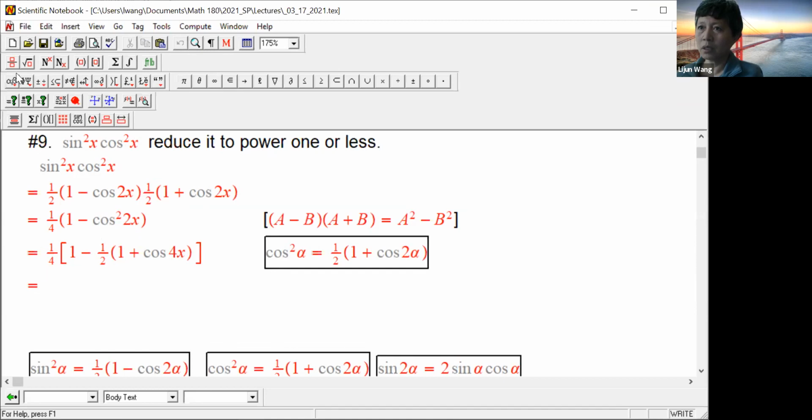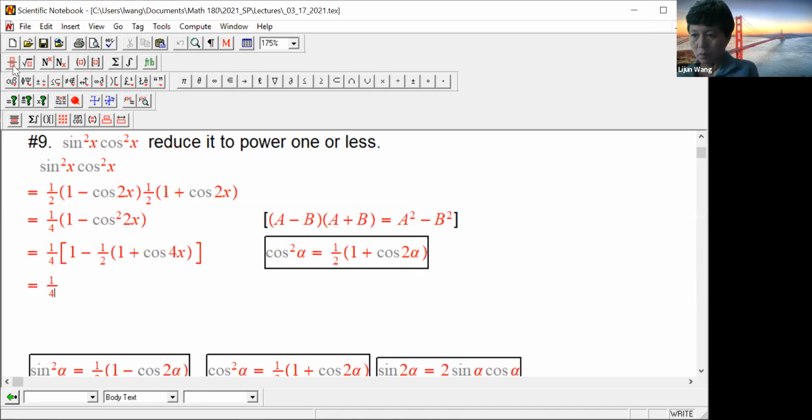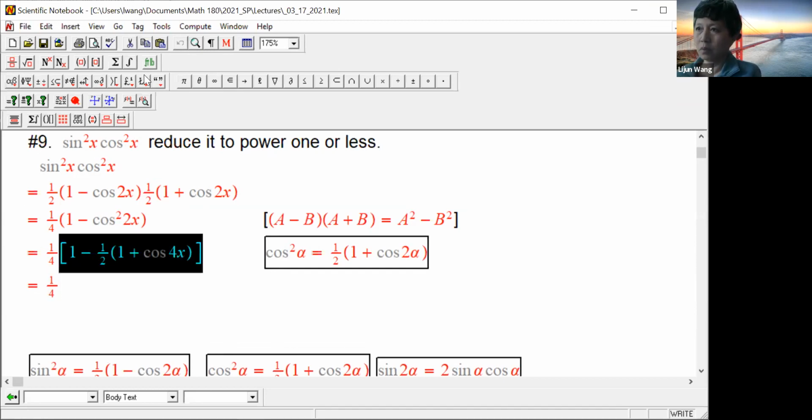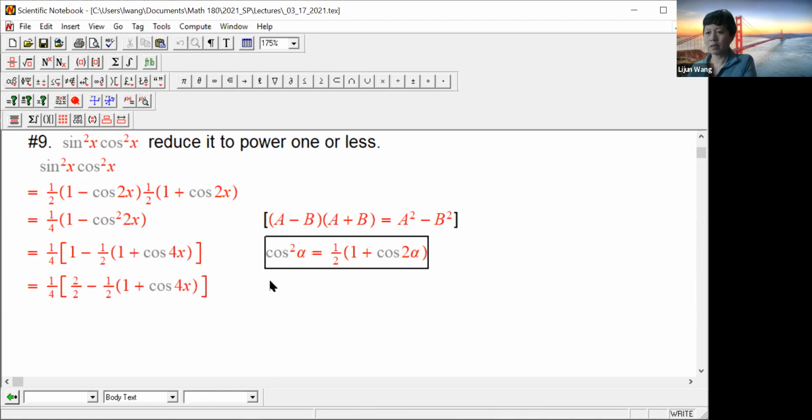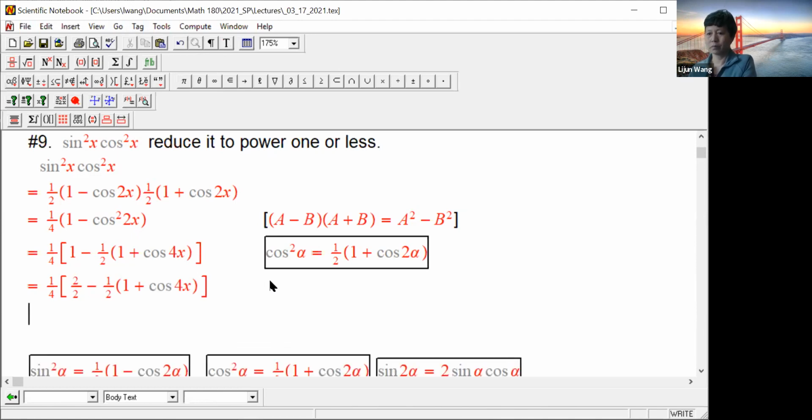Okay, and then you find the common denominator, 2 over 2. And then it comes out, right? It's a quarter.